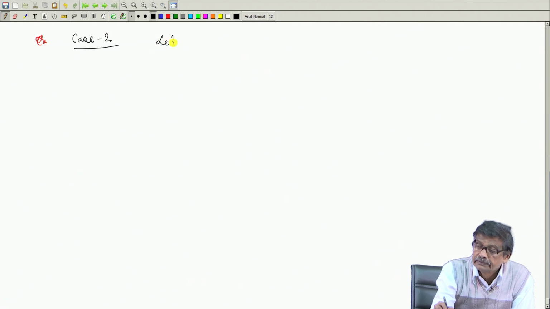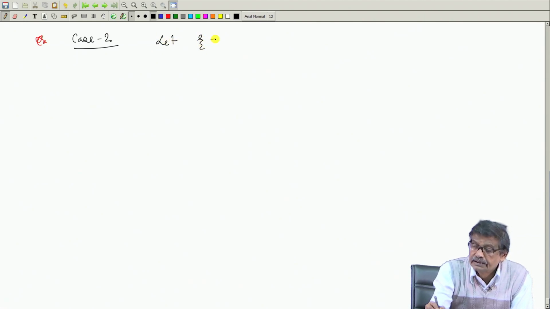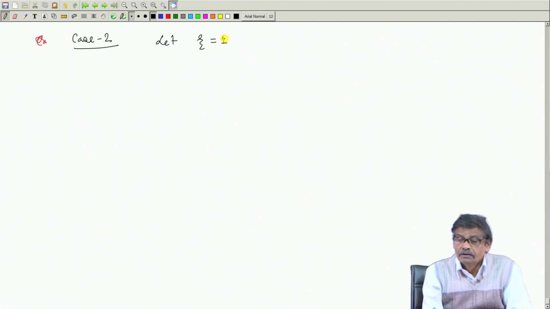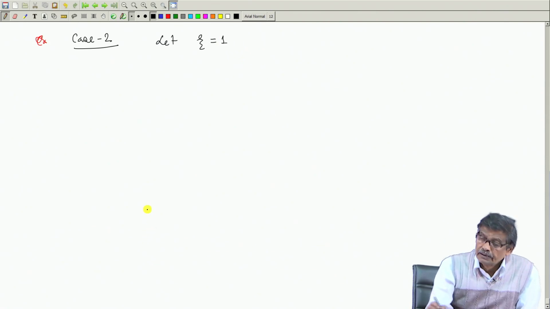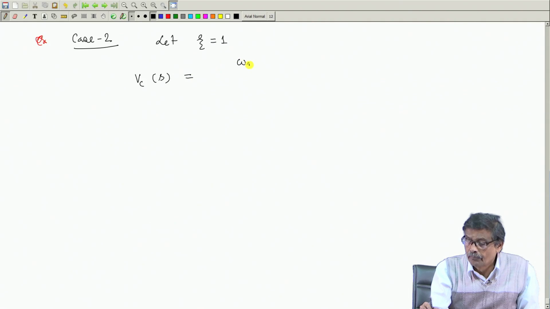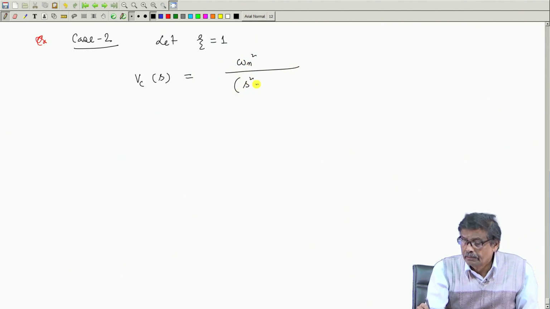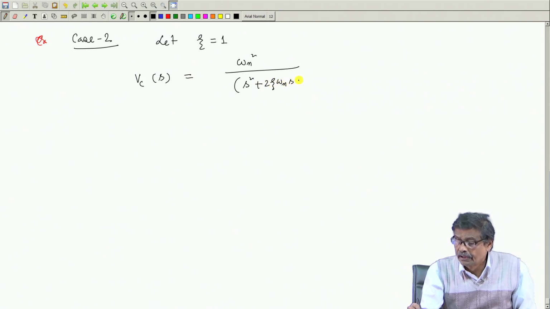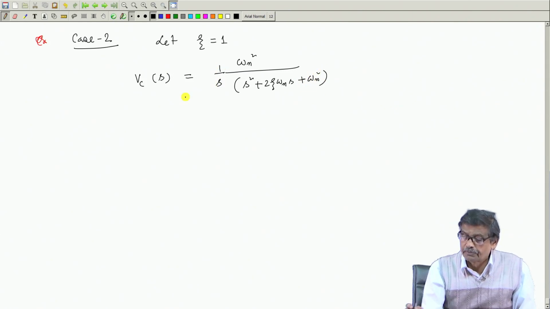Let zeta equal to 1 and the expression of VC s of course remains same as omega n square by s square plus 2 zeta omega n s plus omega n square, into 1 over s, step response.